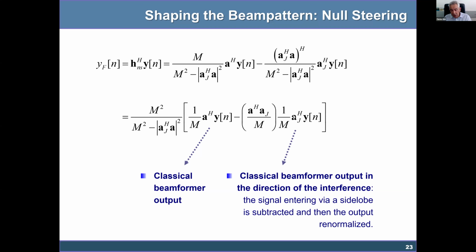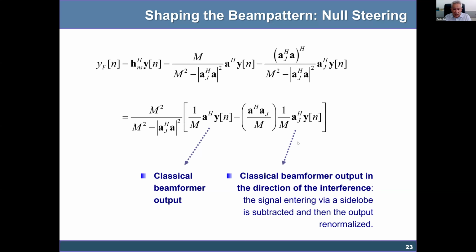then you steer the beam in the direction of the interference, you measure the interference, then you know that the interference enters in the classical beamformer output through the side lobes. So you scale the interference and you subtract.